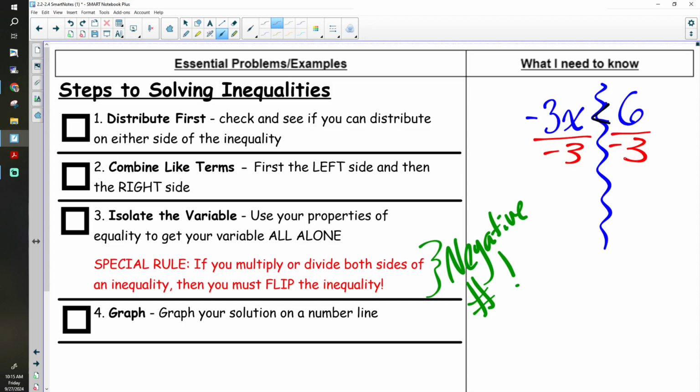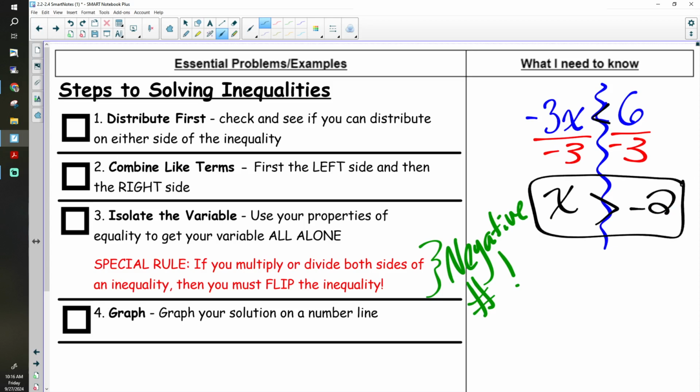Now, because I'm dividing both sides by a negative number, I'm going to take my alligator mouth, my inequality, and I'm going to flip its direction. So it's going to turn from a less than sign to a greater than. Otherwise, everything's the same. Here's our x. This would be negative 2. And there's our answer. Okay? You only do this when it's dividing or multiplying.